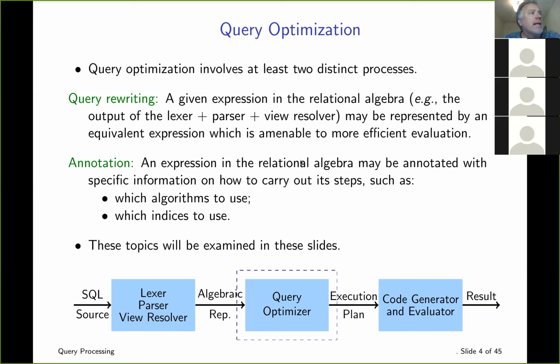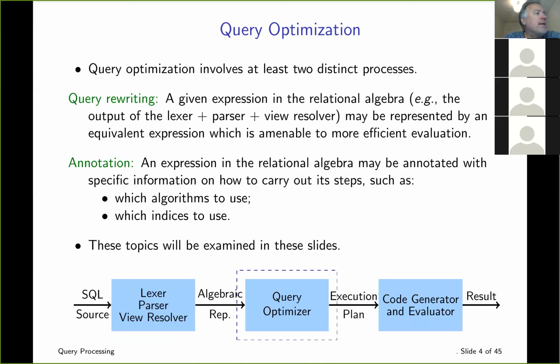From this expression in relational algebra, you have to determine which indexes you're going to use and which algorithms you're going to use. A lot of times there'll be a choice as to which you should use, and we'll show some of these algorithms soon in this lecture.